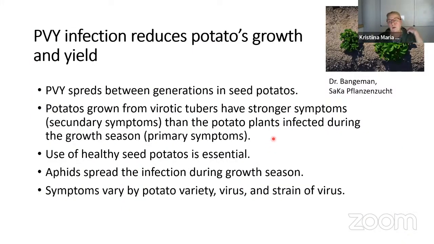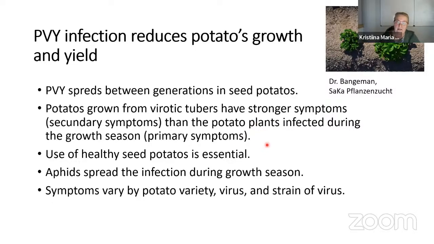If we look at the potato virus Y infection, here we see in the picture how much it is, first of all, reducing the growth and also the yield. It's always important to use healthy seed potatoes to start to grow the potatoes.